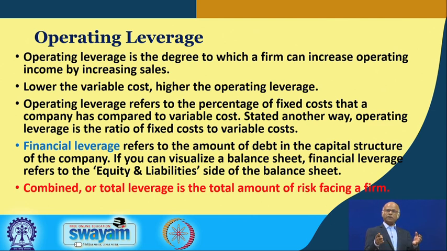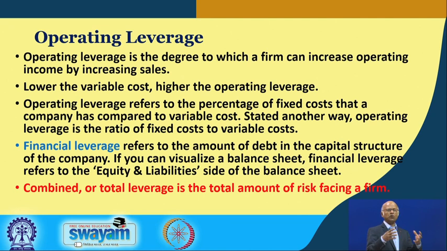Now, suppose the bank tells you that we cannot give you 30 lakh rupees of loan if you bring only 10 lakh rupees. You bring 20 lakhs, we are going to give you 20 lakhs. That means the bank is trying to suggest you go for less leverage.